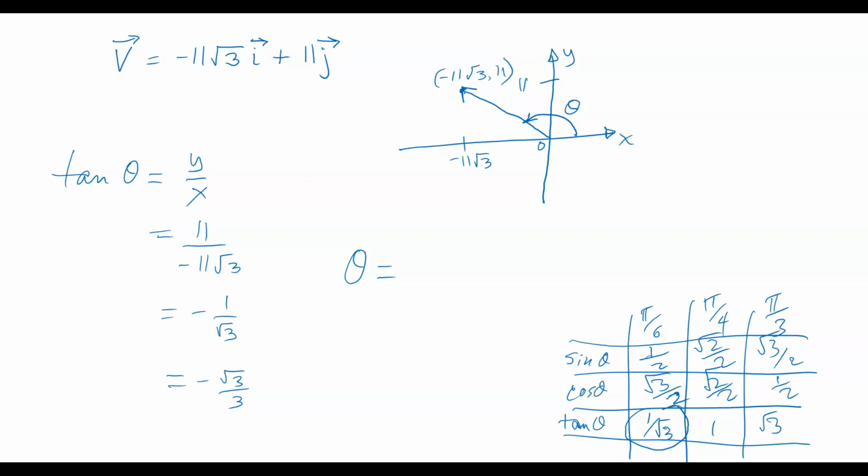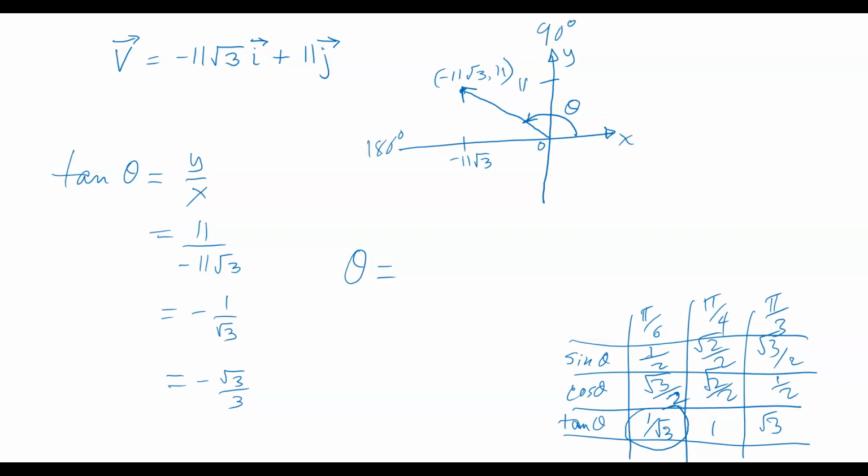But if you look, our angle is in quadrant 2. This means that the angle has to be greater than 90 degrees but less than 180 degrees. Here we have 180 degrees, and here we have 90 degrees.